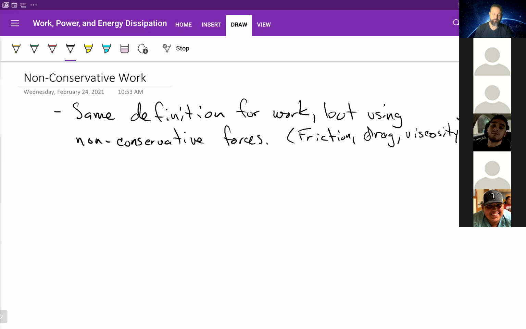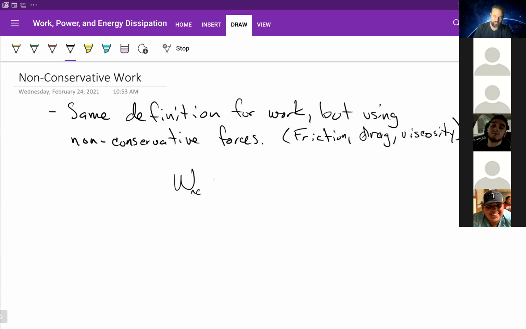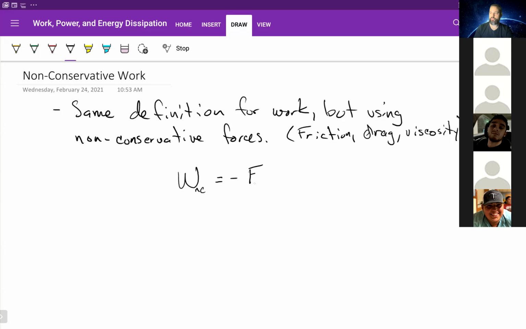All right. Our non-conservative work is going to be work, W_NC. So we're going to use the subscript NC to stand for non-conservative, is equal to the negative, in this case, we're going to use frictional force.